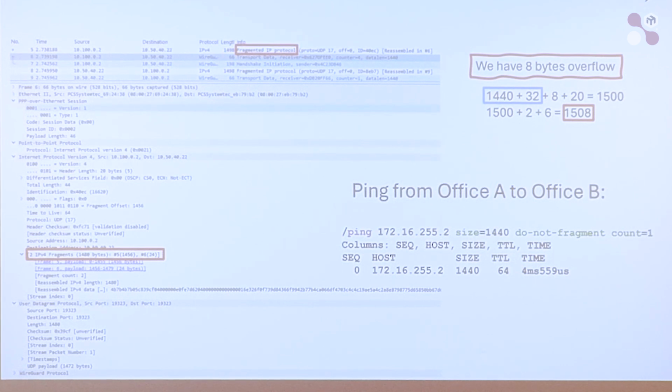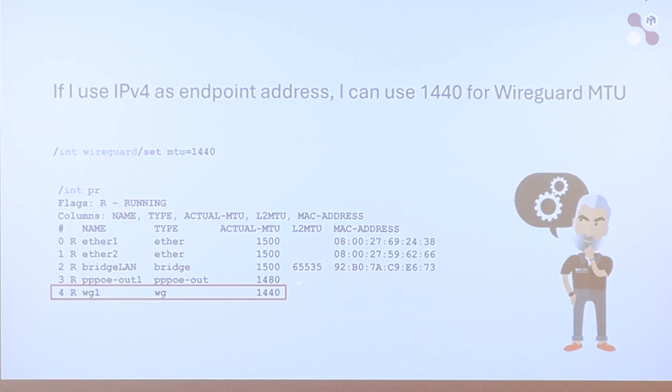We never get the maximum size here because we are taking into consideration the minimum PPPoE payload of 6 of the PPPoE and 2 of the PPP, and not the 20 that MikroTik is putting on that interface.